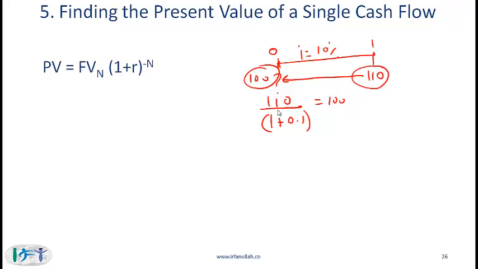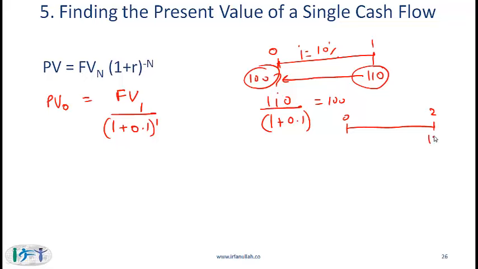The formula, as you have seen over here, is fairly straightforward. The present value at time 0 is equal to the future value at time 1, which was 110, divided by 1 plus the interest rate raised to the power of 1. What if you were to receive money at the end of 2 years?